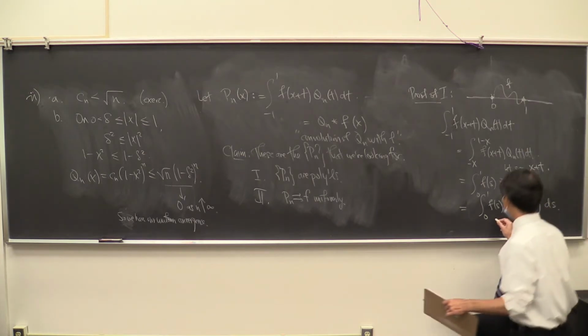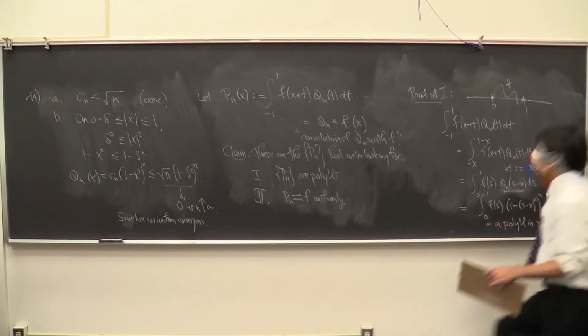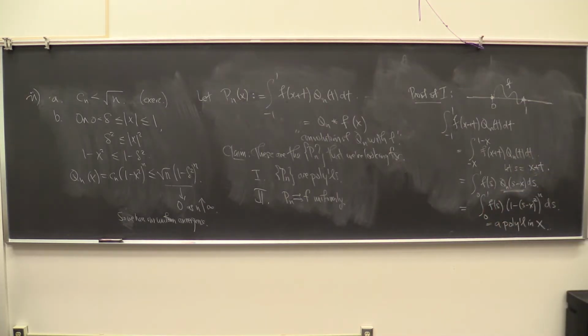Okay, so this is going to be a polynomial in x. Like if I had something like the integral from 0 to 1 of s squared, and then some power of x here, you see that I pull the x out and I just get some constant times x. That's all that's going to happen here. We're going to get powers of x multiplied by some constants. So it's going to be a polynomial.